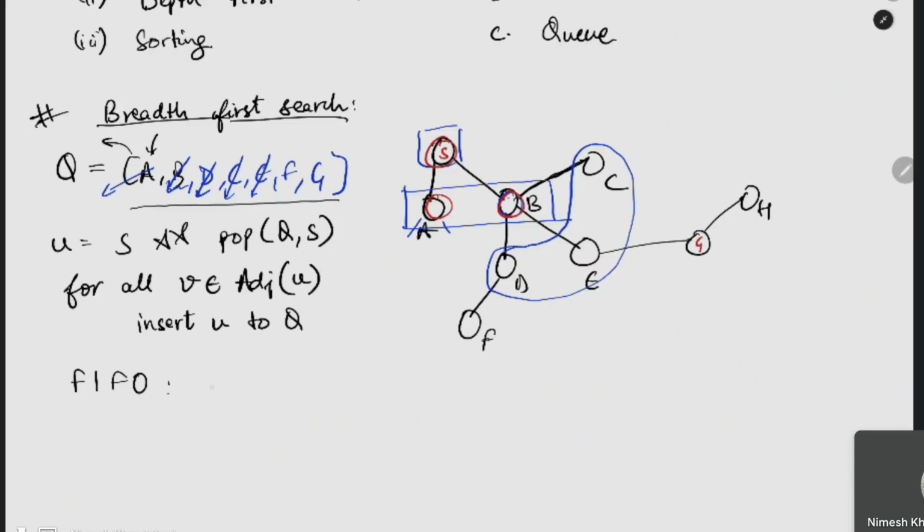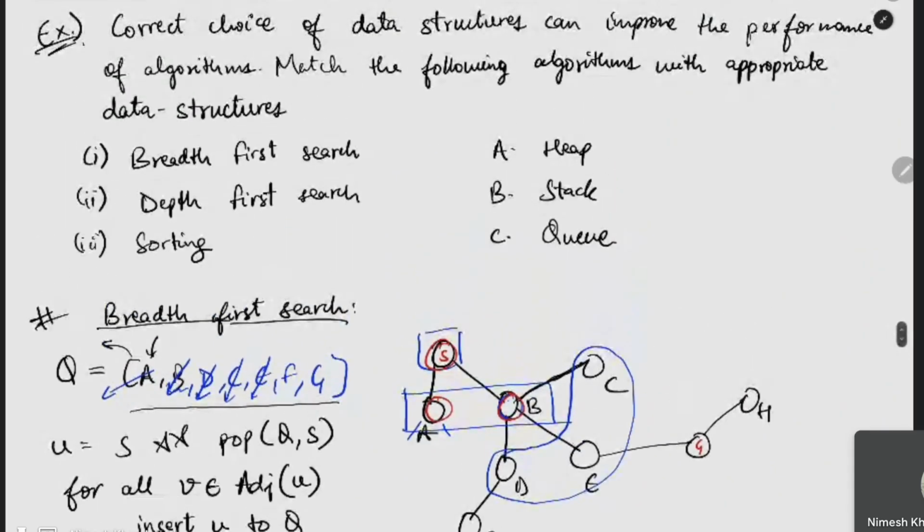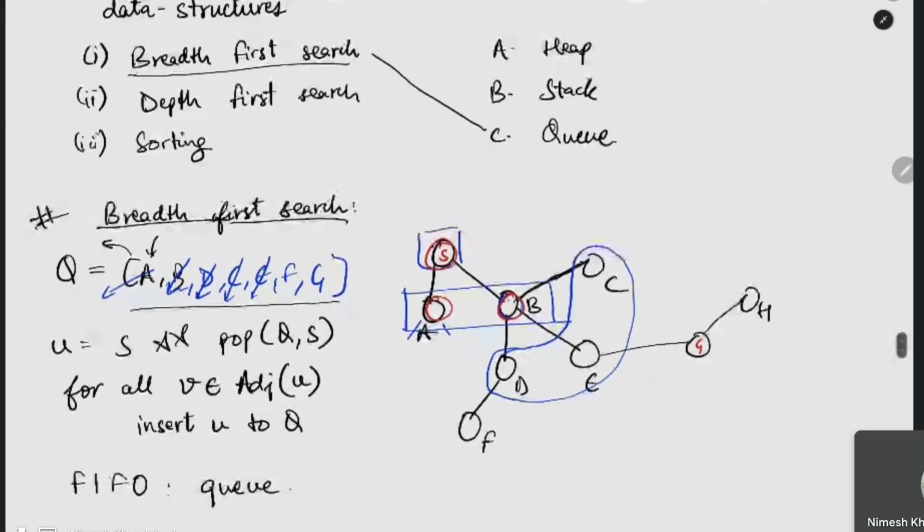So this is basically a queue data structure. For BFS, we prefer to use a queue because that is how the algorithm works, because we need to process the nodes as they keep coming in, based on the depths of the nodes.